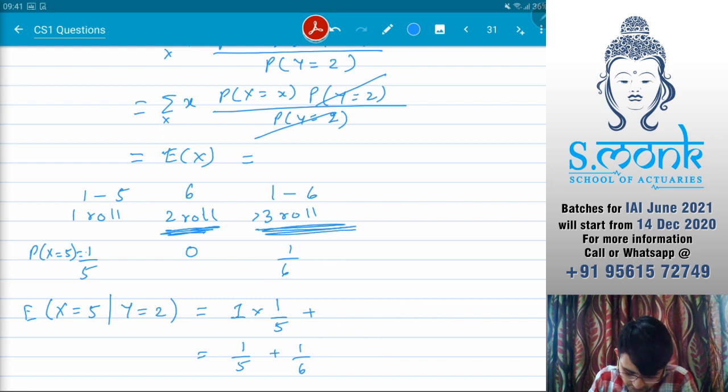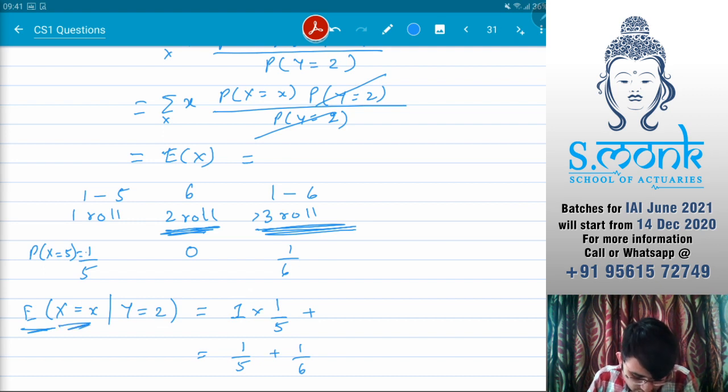Okay, so therefore you can say the expected value that x is equal to whatever value x, given y was equal to 2. So the possible value of 5 being 1 is going to be this 1 into 1 by 5.